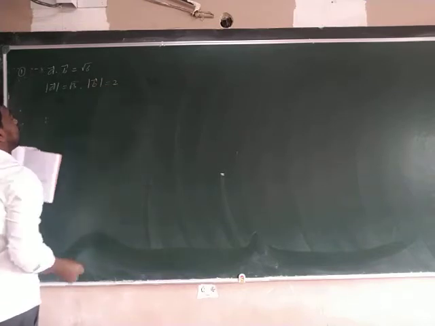So vector A dot vector B is equal to root 6, magnitude of vector A is root 3, and magnitude of vector B is 2.